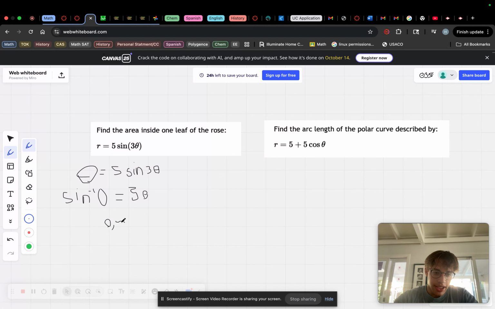So the first two instances are 0 and pi. So now we have 0 and pi equals 3 theta.